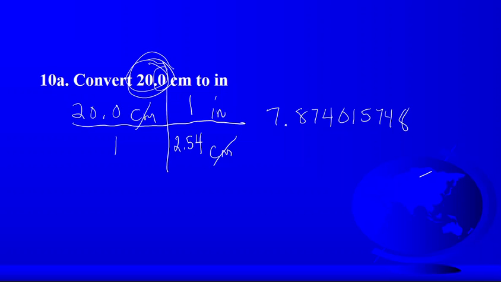No. So your answer, no matter what the calculator tells you, I don't care what the calculator tells you, your answer should reflect how precise your original answer was. So since your original answer could only go to the tenth place, then this can only go to the tenth place. Now you're going to have to round up or down. So the answer is 7.9 what? Very good, Kanan. 7.9 inches.